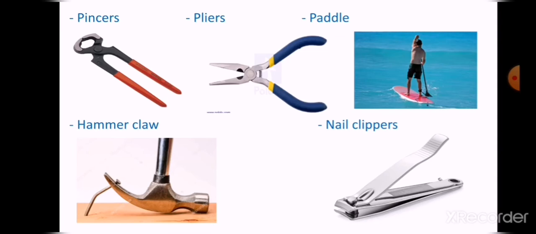What is the meaning of first class lever? Because it has the fulcrum between the effort force and the resistance force. So this type of lever is first class lever.